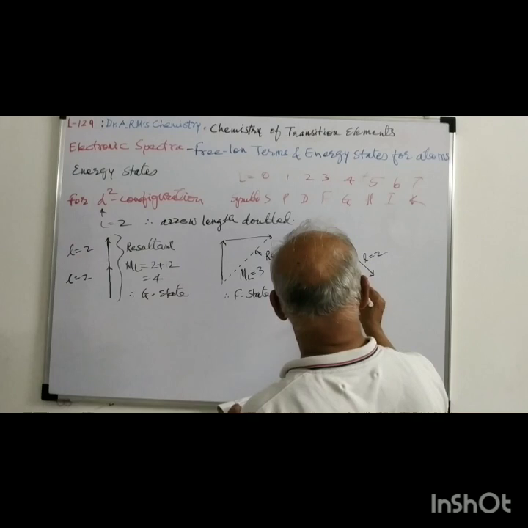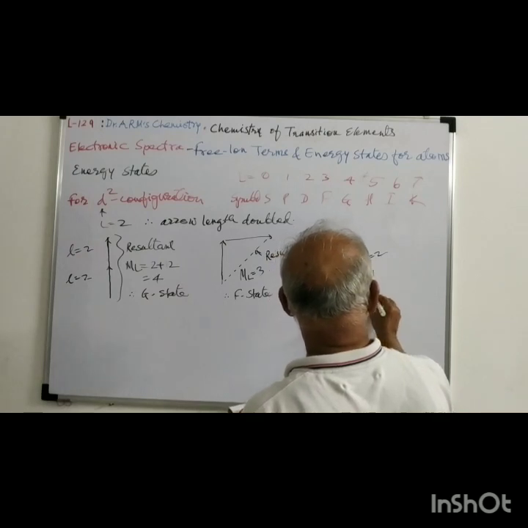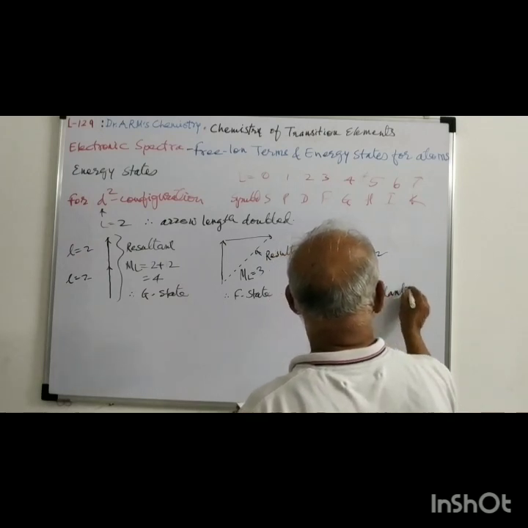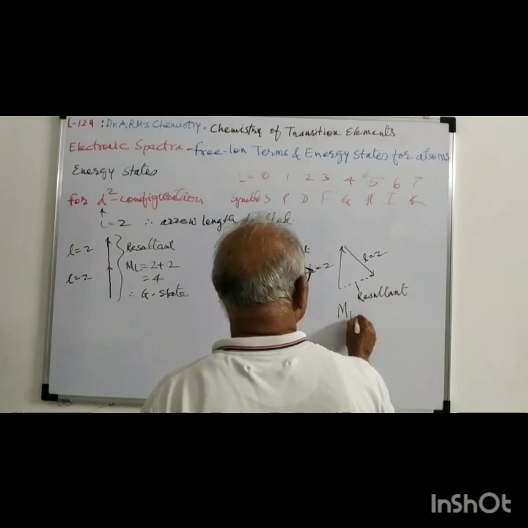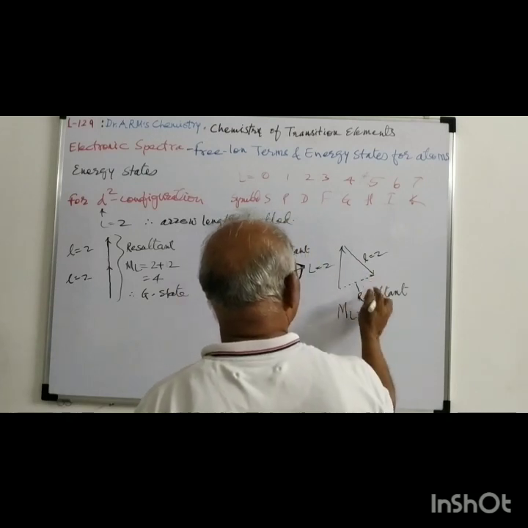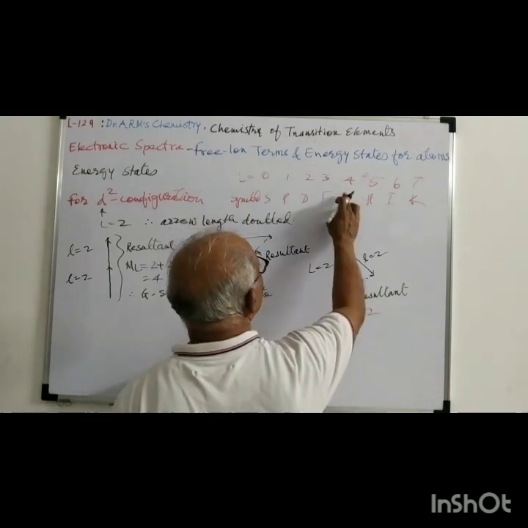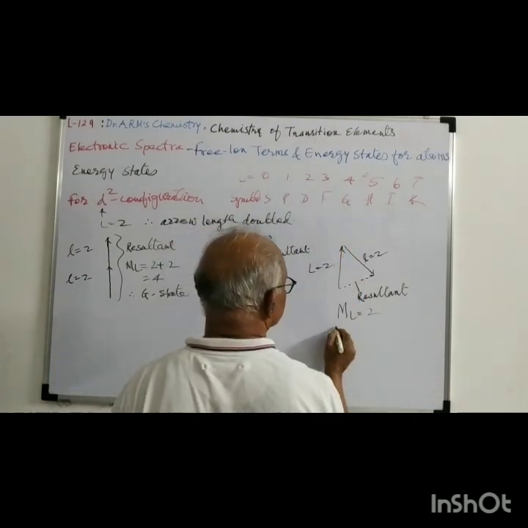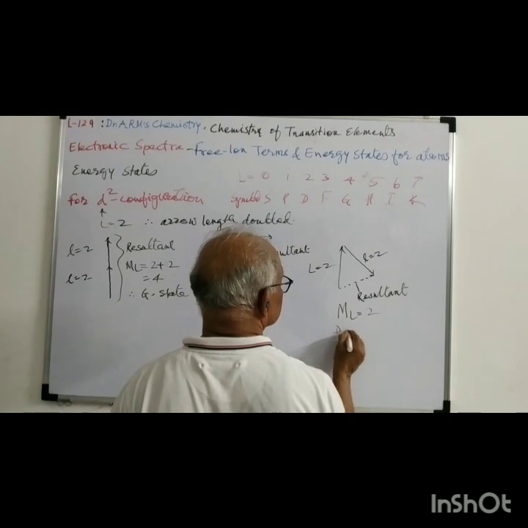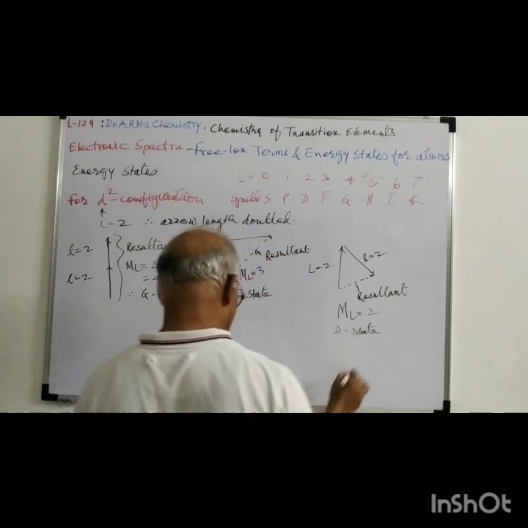So this resultant ML is equal to the same 2, and for this 2 the state is D state.